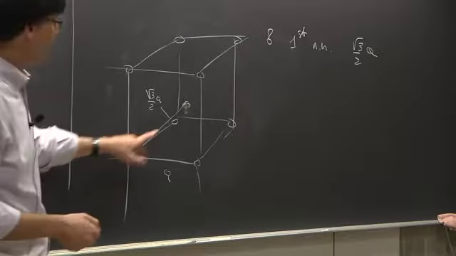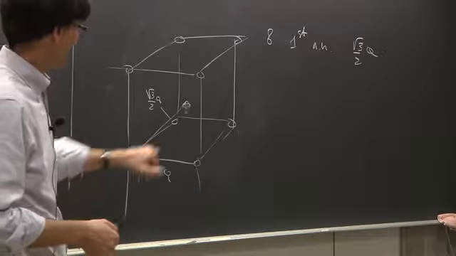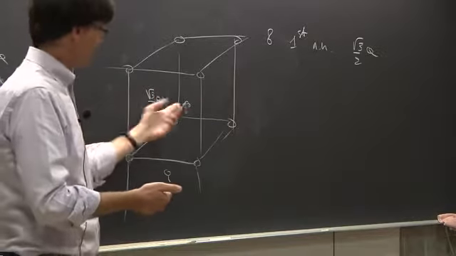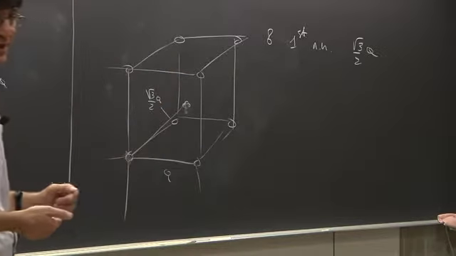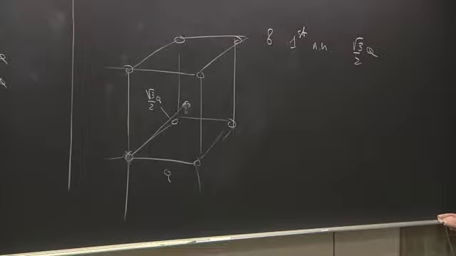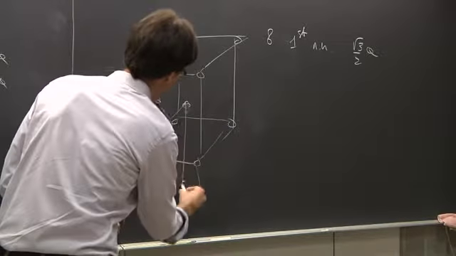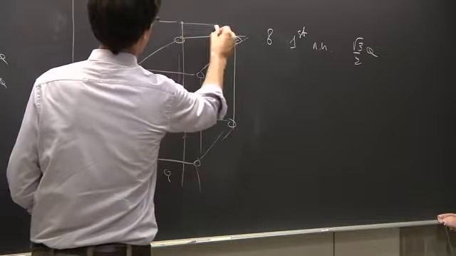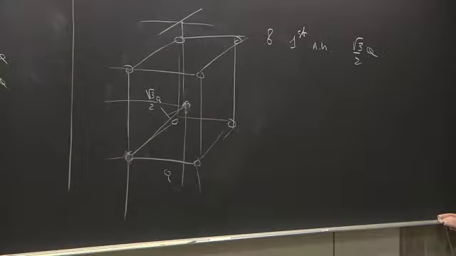If I sit here, I will see exactly the same. And these points will be the corners of the other simple cubic lattice that forms the BCC lattice, because the BCC lattice can be seen as 2 simple cubic lattices interpenetrated, one into the other. So I can start from here and build a cubic lattice using all the points at the centers of the cube, and that would also be a simple cubic lattice, obviously.